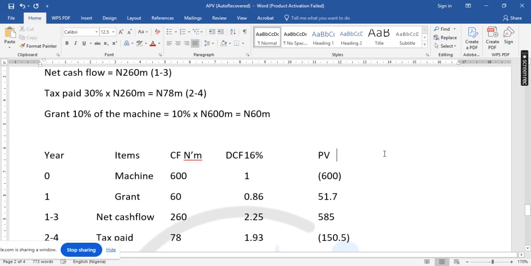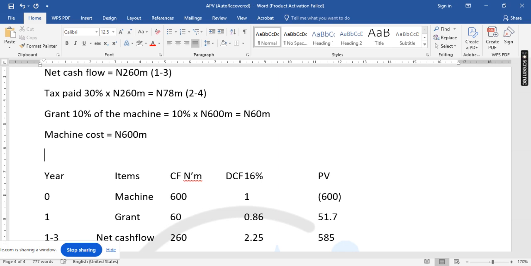Yes, sir. So the machine cost is equal to 600 million. You remove the grant to get the net. What is the grant?